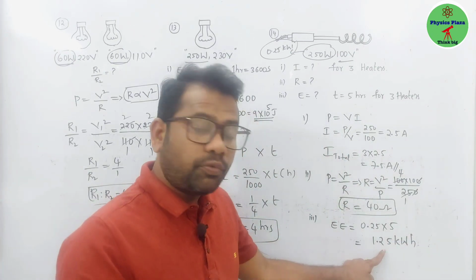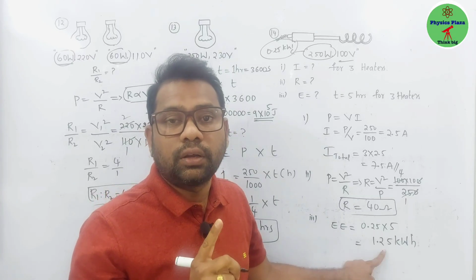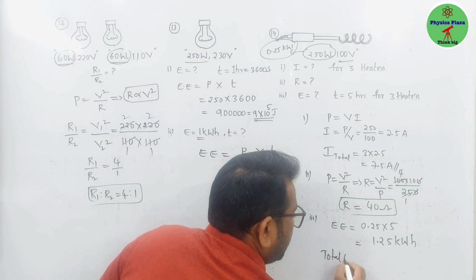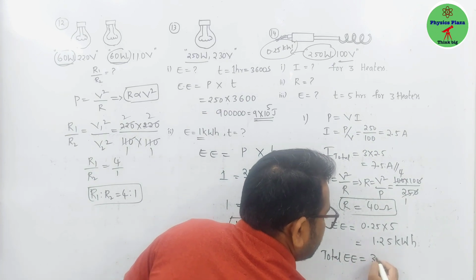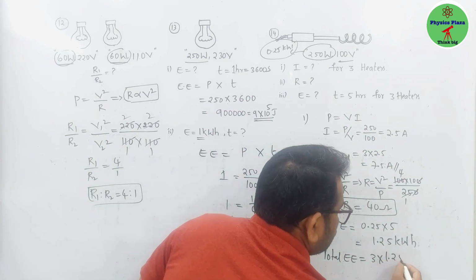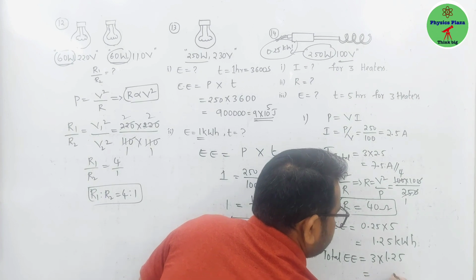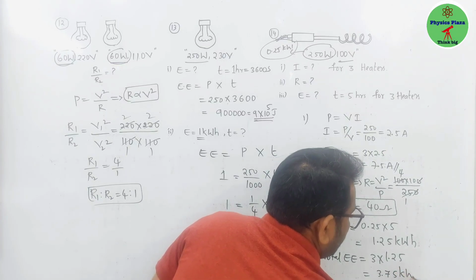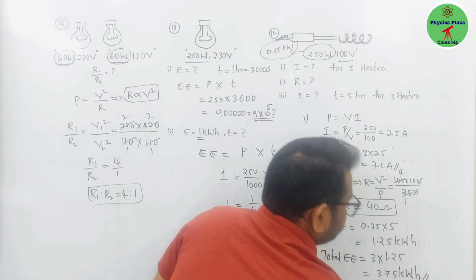Children, this is the energy consumed for 1 heater. For 3, the total electrical energy is equal to 3 times 1.25. This will be 3.75 kilowatt hour. Okay?